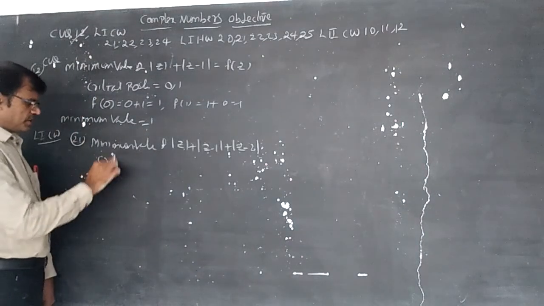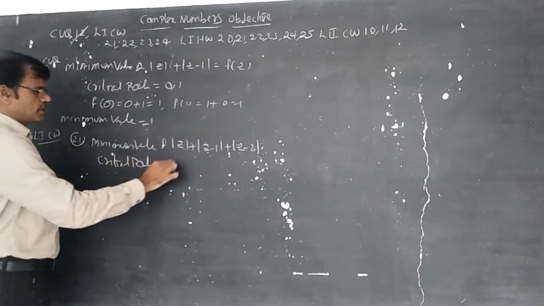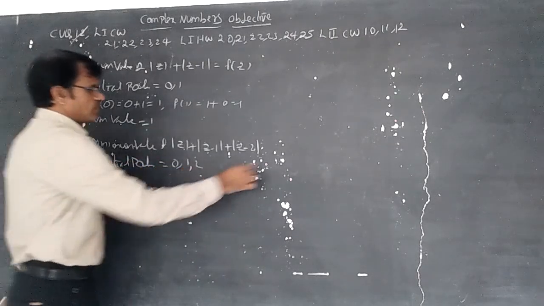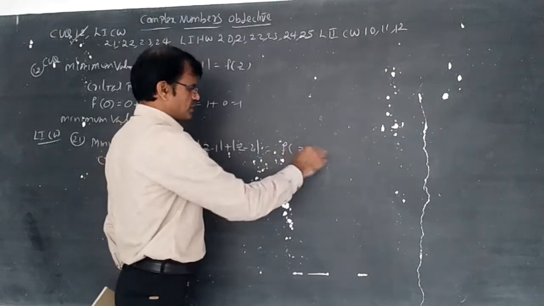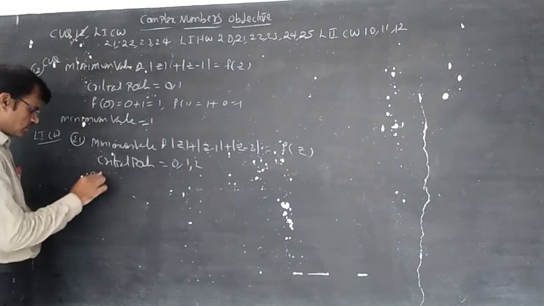Now critical points: critical points equal to 0, 1, 2. This is f of z. For this f of z, critical points are 0, 1, 2.